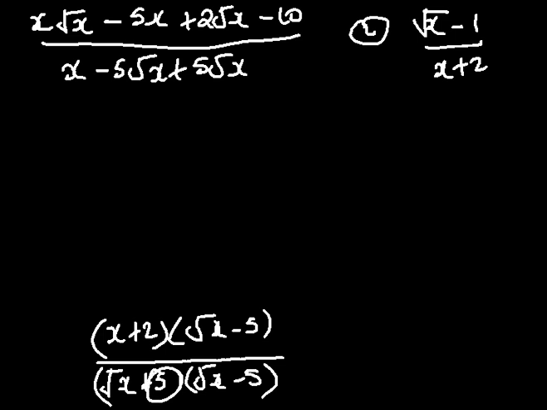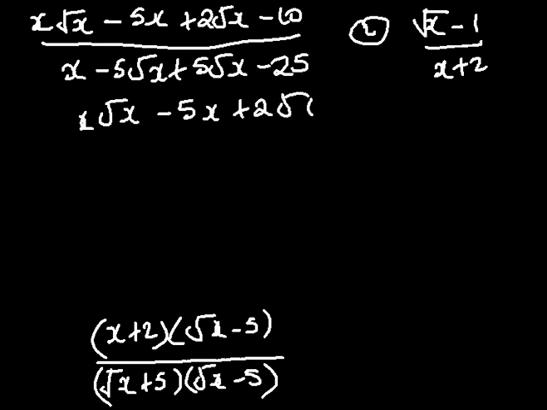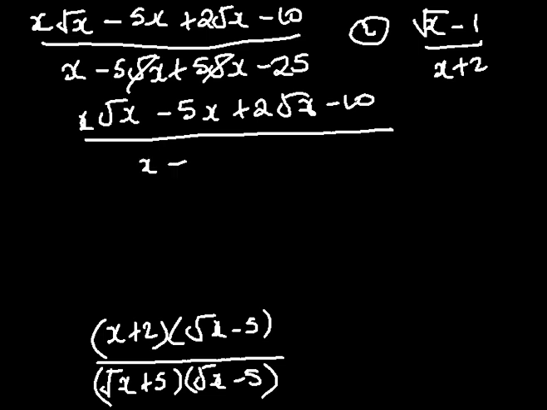And positive 5 times negative 5 is negative 25. So we have x times the square root of x, minus 5x, plus 2 times the square root of x, minus 10, divided by, in this case, these two go since they are like terms, x minus 25.